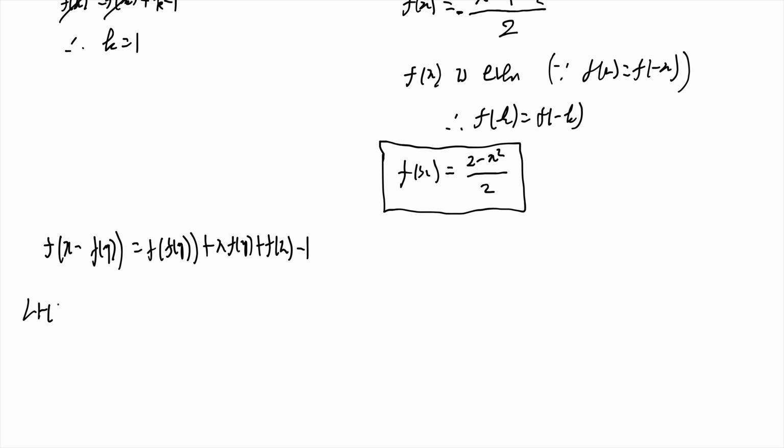I'm pretty sure it should be right because it's a direct consequence, but just to prove the if and only if condition. So we have f of x minus f of y, which is x squared... I mean, 2 minus x squared over 2 minus 2 minus y squared over 2.